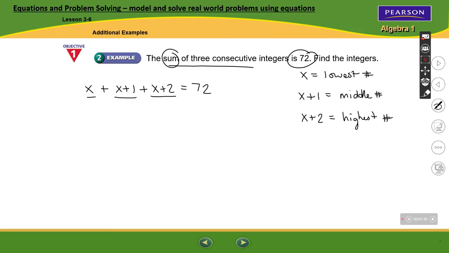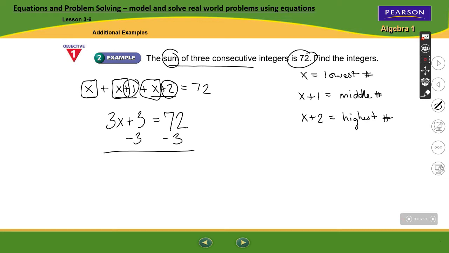So now I just combine like terms and solve like we always do. So I have x plus x plus x. Oops. So 3x, and then I've got 1 plus 2, so plus 3, equals 72. I'm going to solve that by subtracting 3, 3x equals 69, divide by 3, divide by 3, x equals 23.